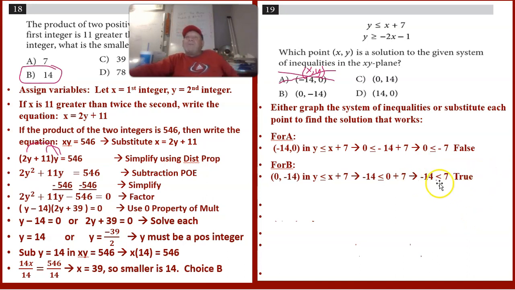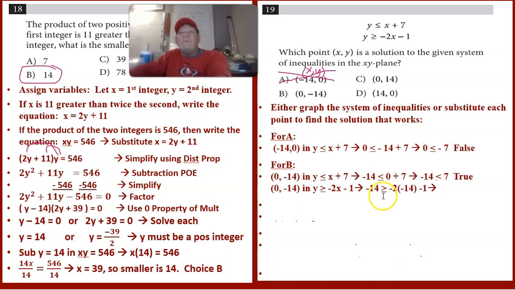So now, since the first one is true, I've got to try to plug it into the second one. You notice I didn't even try the second one for A because it has to be true in both of them to make it the solution. So now we take the second equation, which is y greater than or equal to negative 2x minus 1, and I substitute the 0, negative 14. Remember, the 0 is going to go in where the x is, and the negative 14 where the y is.